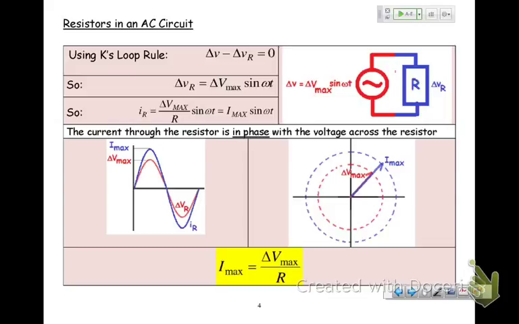We're going to see what we can learn about the patterns of behavior. And then we're going to use that to invent a term called reactance, which is like AC resistance. And then we're going to use the reactance to develop a thing called impedance, which is like AC resistance. And then we're going to do some analysis with it.